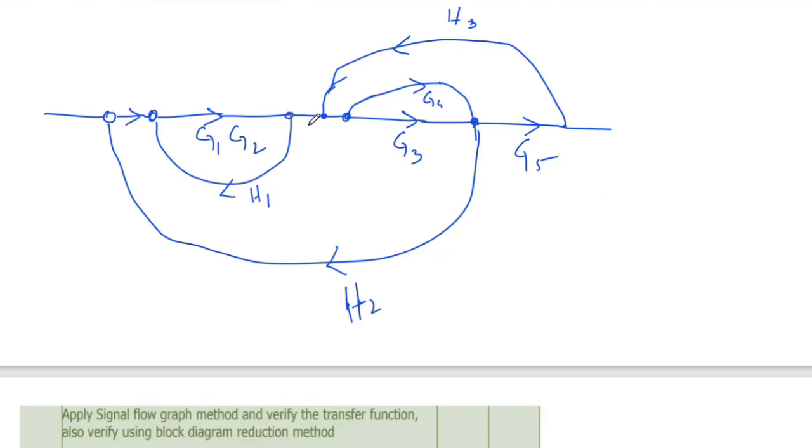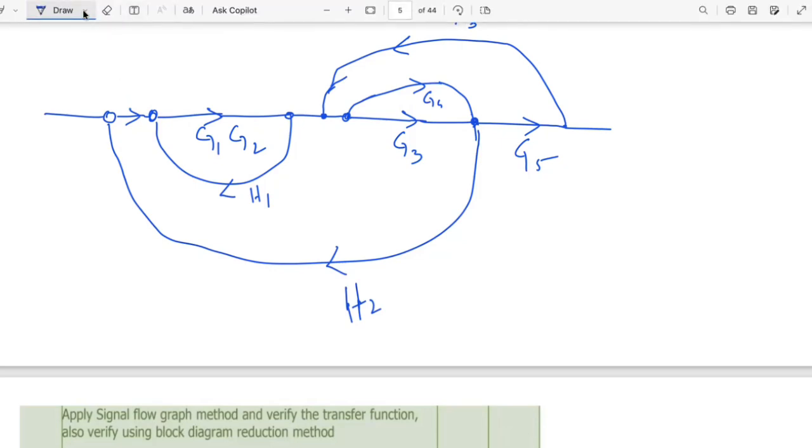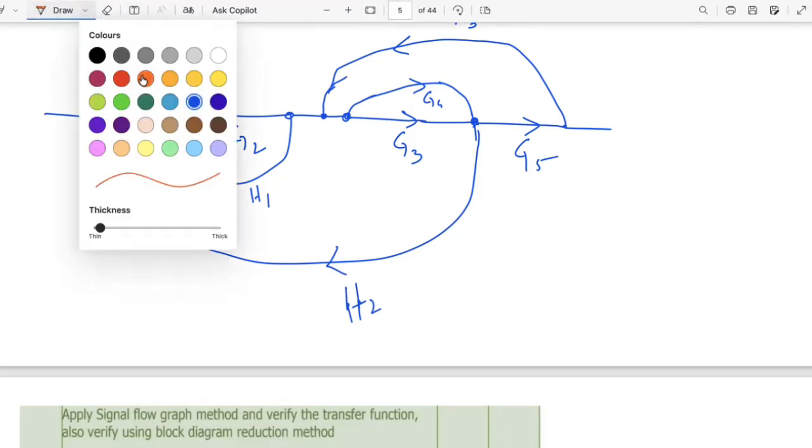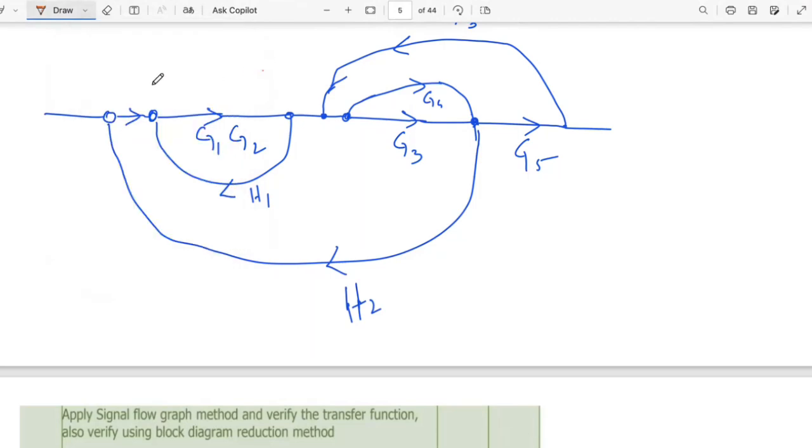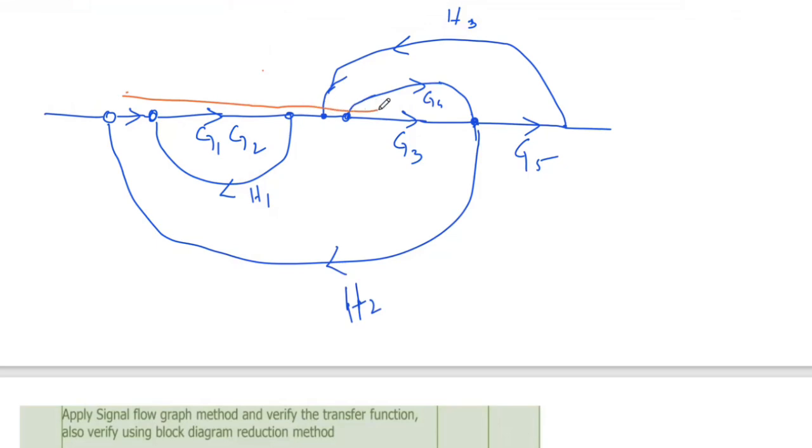Yes, sir. So how many forward paths are there? One forward path, sir. Huh? Sir, two forward paths, sir. This is one.